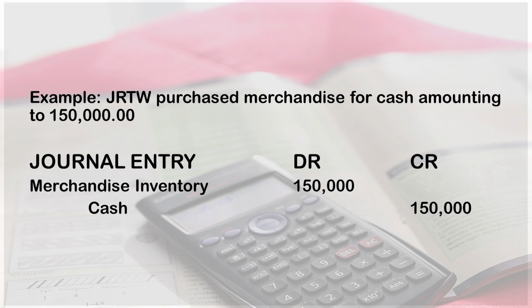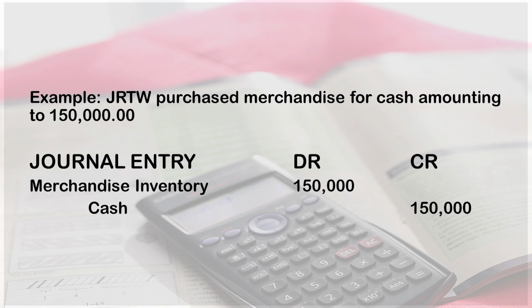What is the consideration of what has been received? The consideration refers to the amount parted with or given up, which in this transaction refers to the cash, to the amount paid. Therefore, it should be credited. Cash, the amount should be credited. Therefore, in our entry, cash 150,000 is credited.